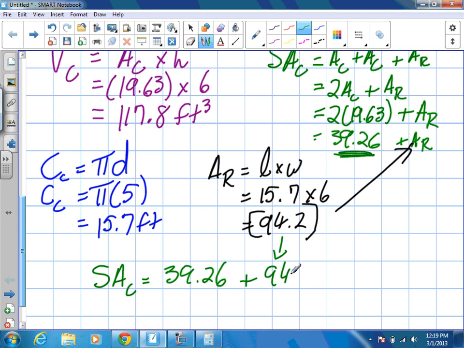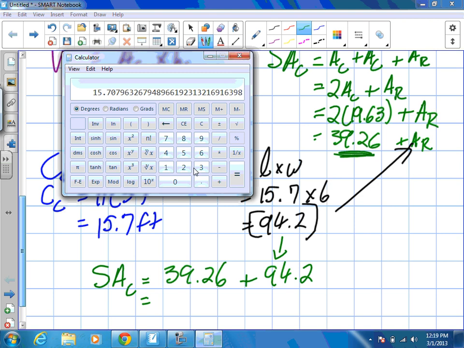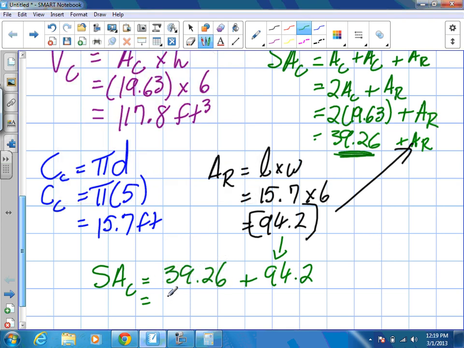What's this going to give us? Anyone know? 94.2 plus 39.26 is 133.46. You agree? Awesome.